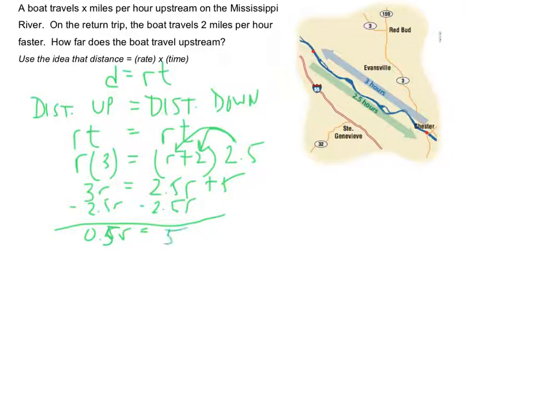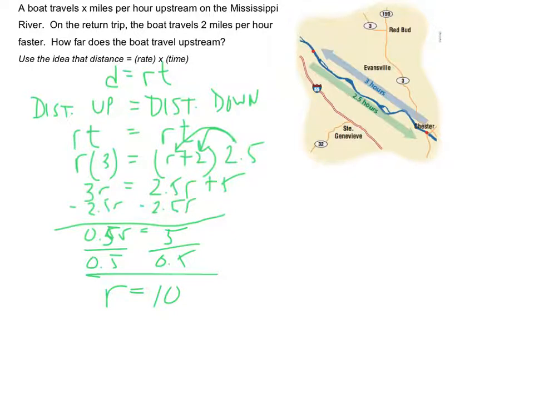And on the right side, 5. To break apart that which says multiply, we would divide by 0.5. Now be careful here. This gives me my r. 5 divided by 0.5 is not 5 cut in half. 5 divided by a half is actually 10.